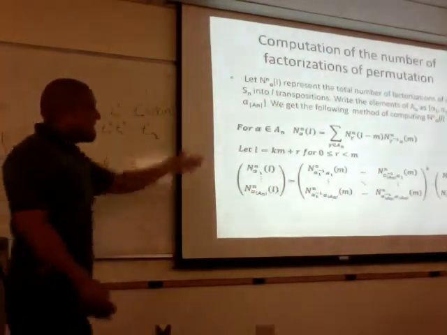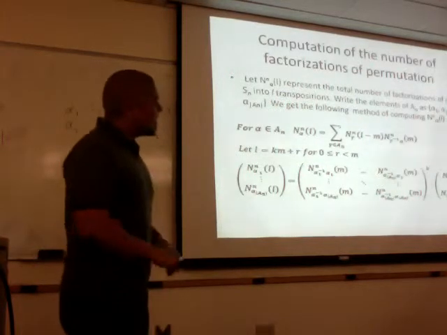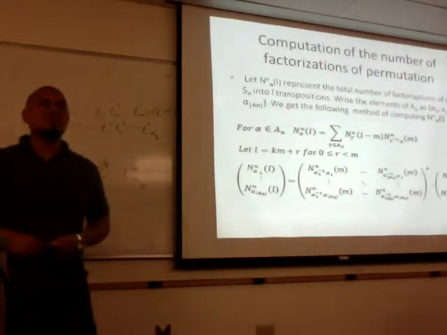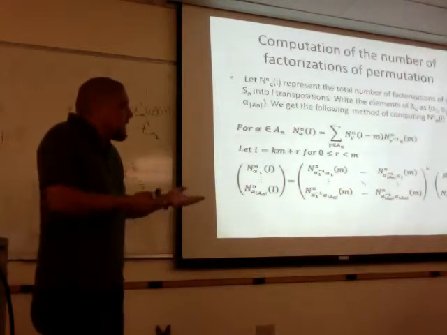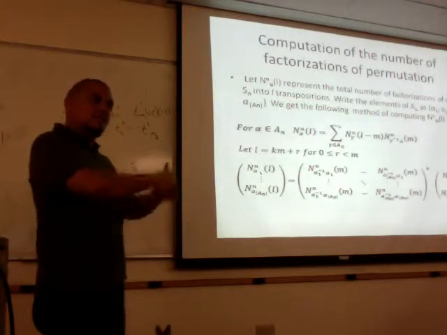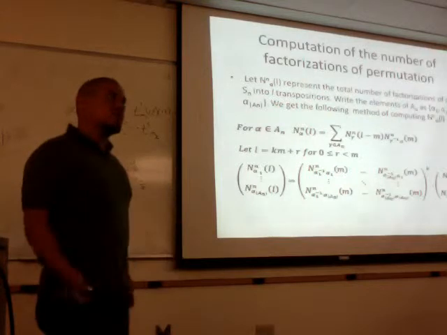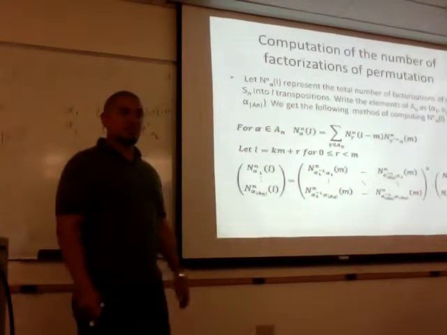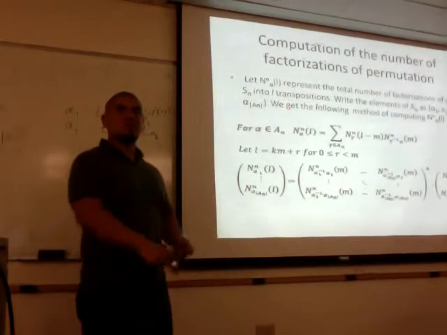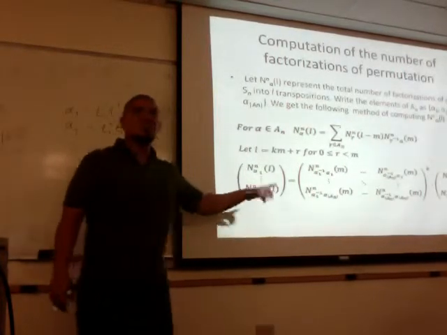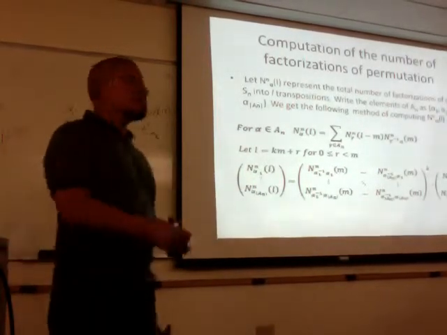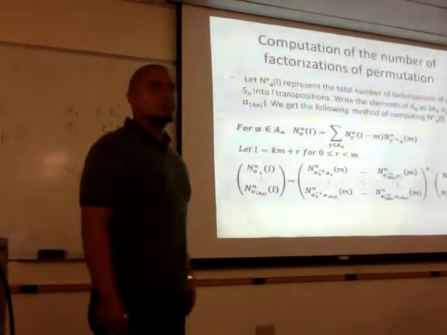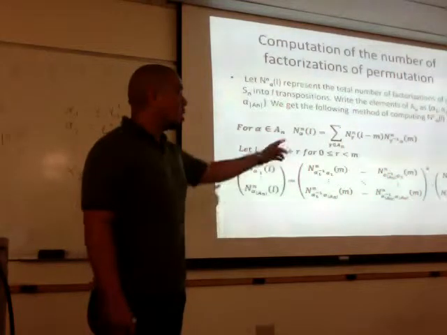So what ends up happening is, seeing this recursive relation, it turns out that the number of factorizations of an even permutation only depends on this m. So if we calculate this m for each element of the alternating group, we can encode this into a matrix and take powers of the matrix times some initial vector r.